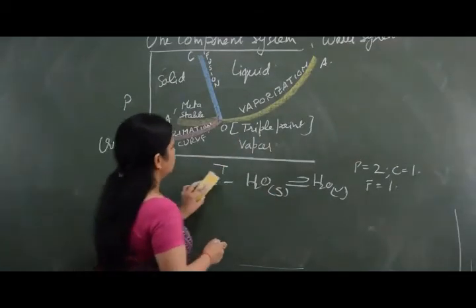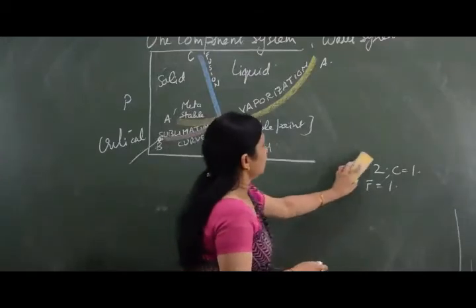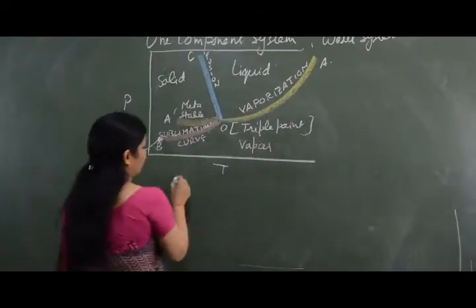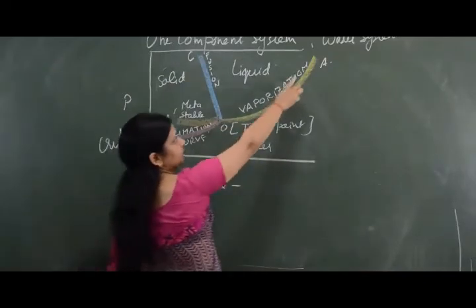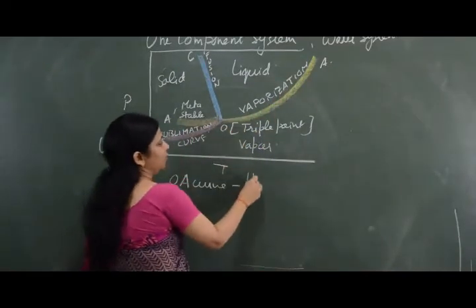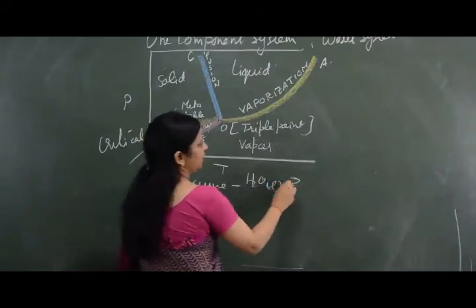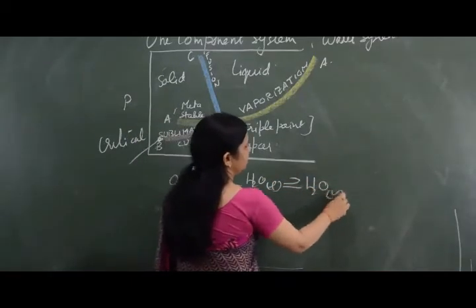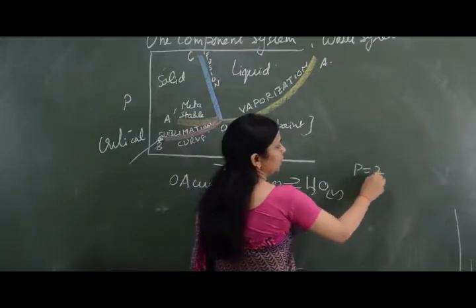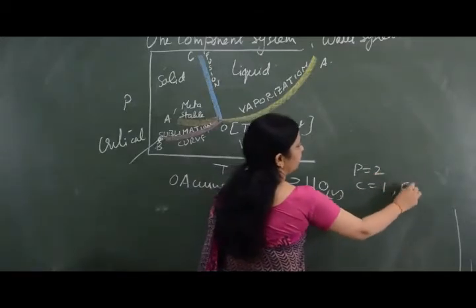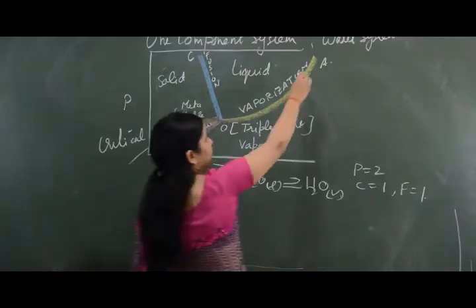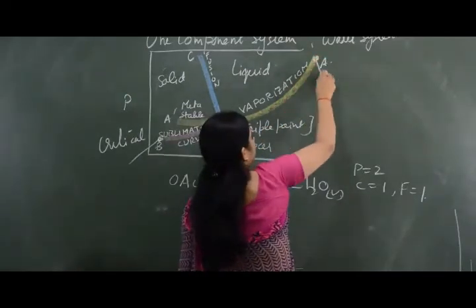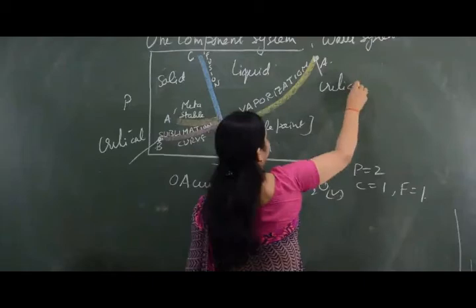Now we come to the curve OA. Curve OA is known as the vaporization curve. The equilibrium is between water in liquid state and water in vapor state. So phases are 2, component is 1, degree of freedom is 1. The system is univariant. Point A is again a critical point.